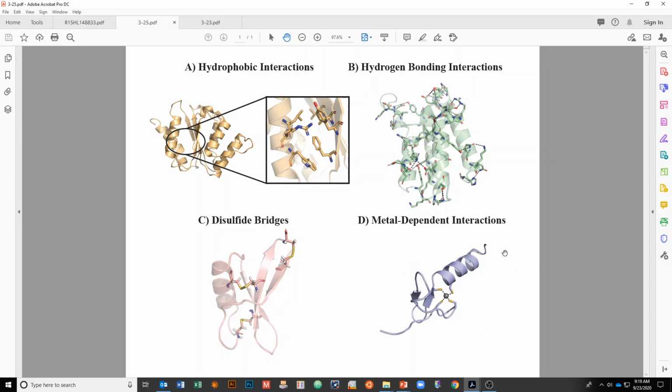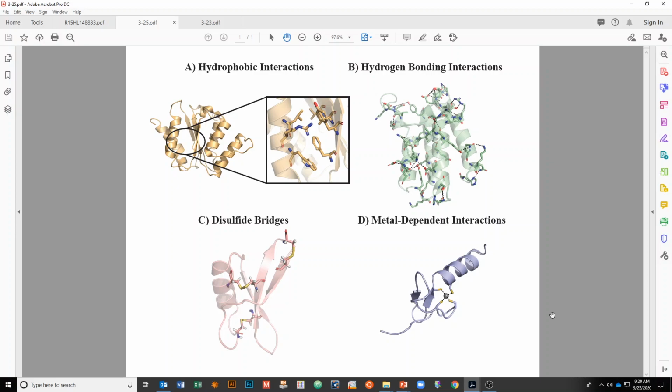The last case is that example of the ClipX zinc binding domain, and you have a zinc ion that holds your alpha helix in place relative to everybody else. So what I'm trying to really show you here is that your hydrophobic effect, hydrophobic interactions, help to form that initial structure, that initial tertiary structure.